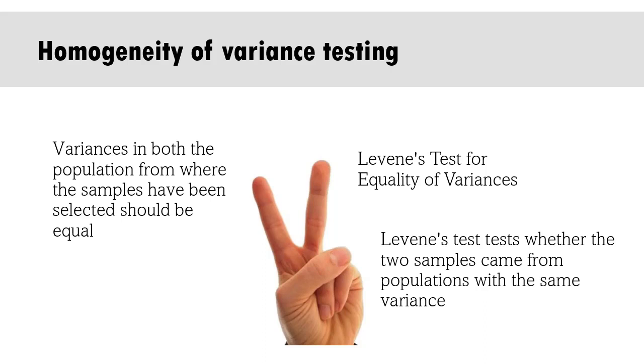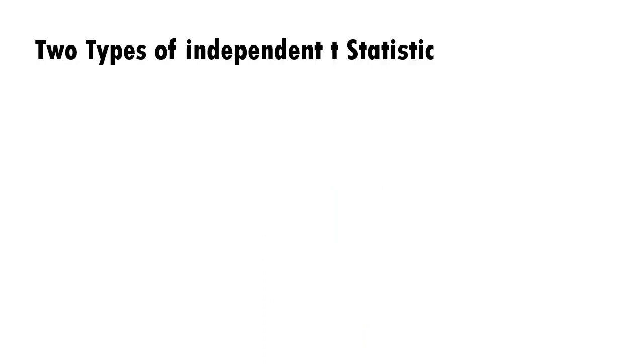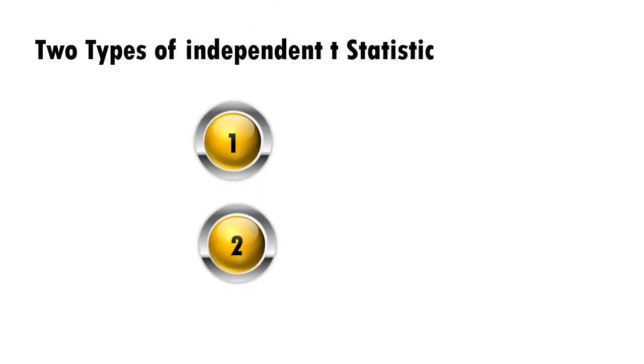This assumption states that the variance in both the populations from where the samples have been selected should be equal. So Levene's test tests whether the two samples which we have drawn have come from populations with the same variance or not.